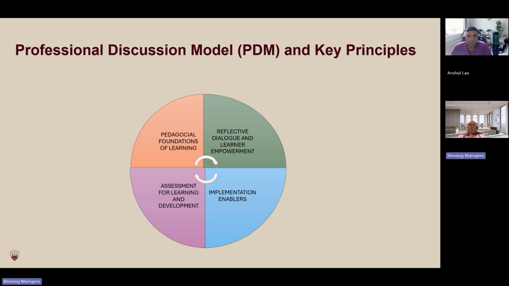So I've conducted some research as part of my Doctor of Education studies where I've developed a professional discussion model with some key principles that we can apply as educators. These are the 4 essential principles that are important when we're using professional discussions or dialogic assessment.